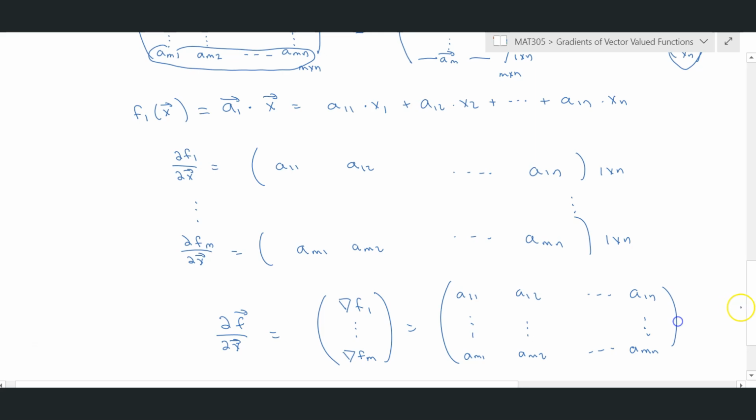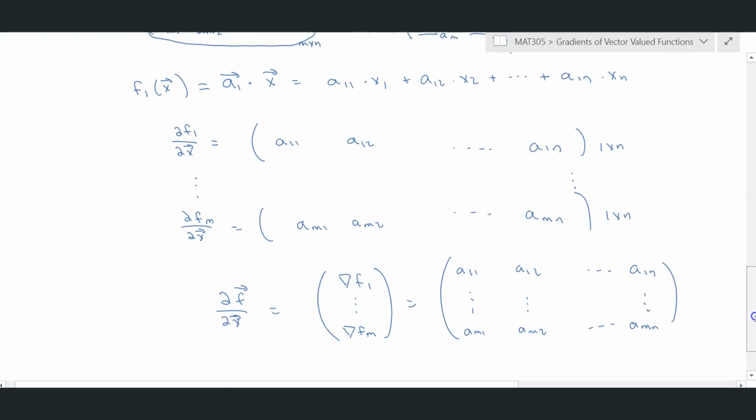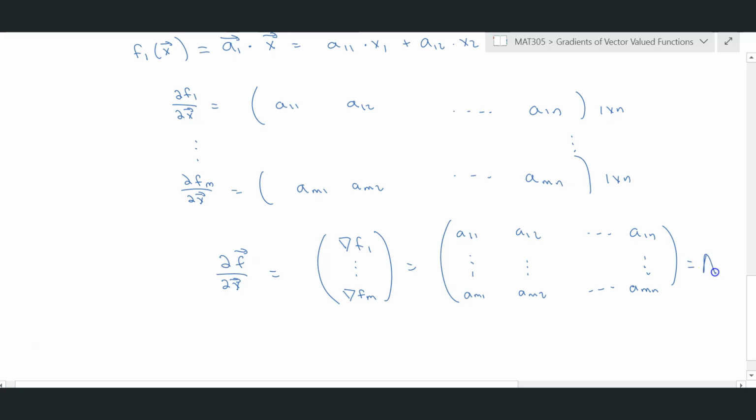So essentially, for a matrix full of constants, like this one is, the derivative of Ax is just going to be A. And this is precisely what we get: when f of x is equal to Ax for constants in A, then the derivative of f with respect to the derivative of x vector will just be the matrix A. Pretty cool stuff.